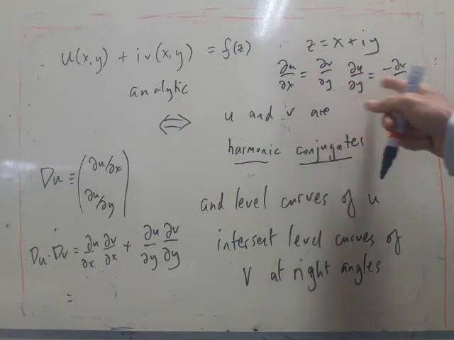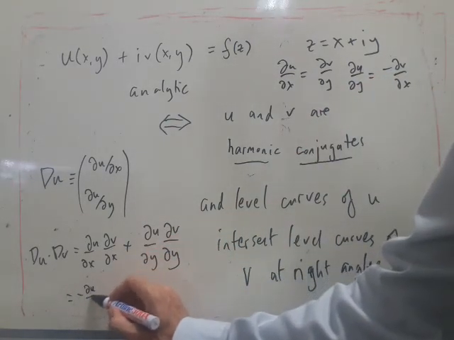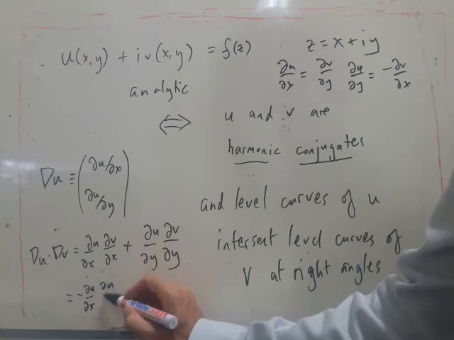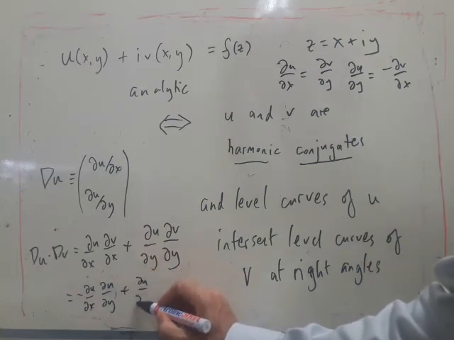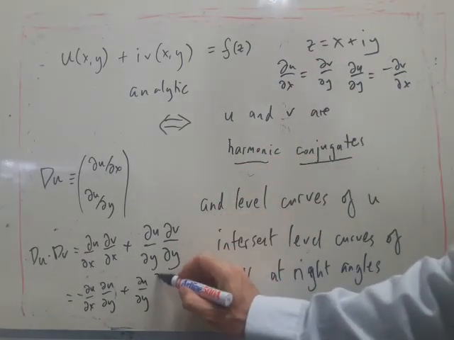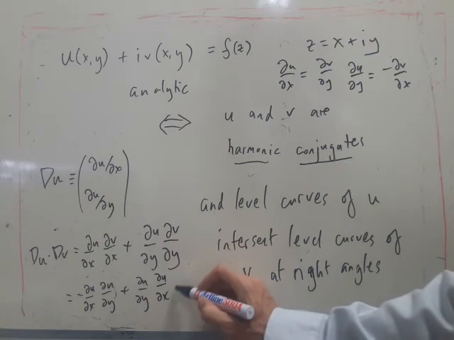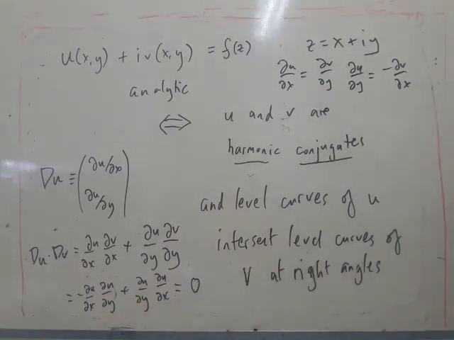So the dv by dx is minus du by dy, and dv by dy is du by dx. So we see this gives us 0. So they are indeed perpendicular.